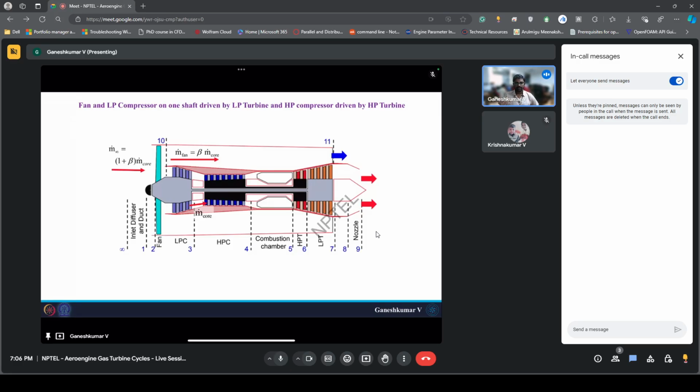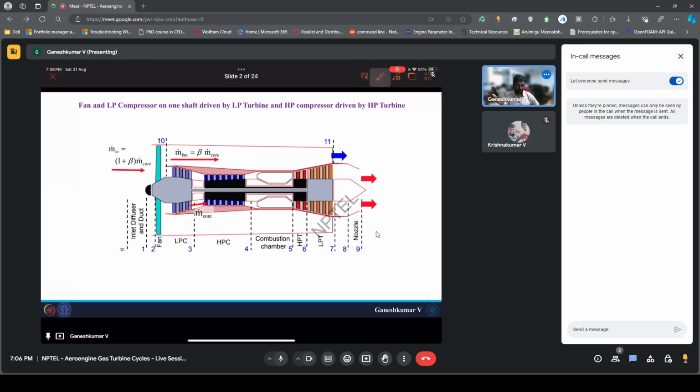In the first configuration, we have this light gray spool over here, which is driving the low pressure compressor and fan.